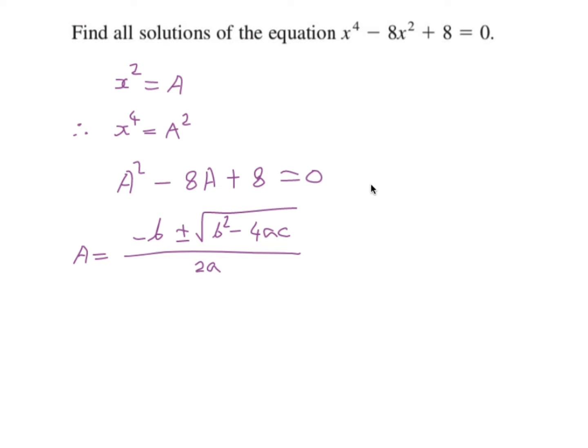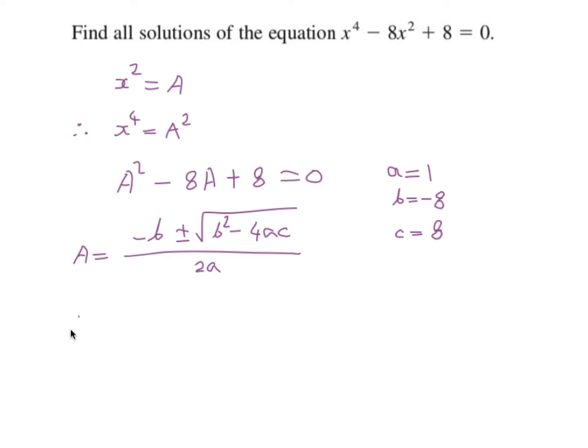So what is the value of a here? The value of small a is 1. The value of b is minus 8 and the value of c is 8.